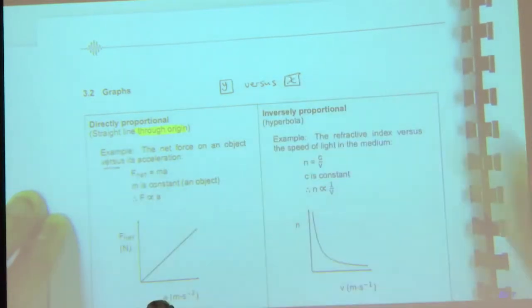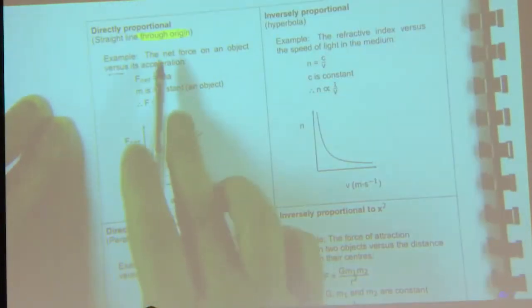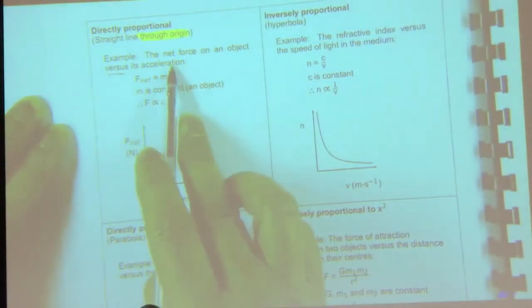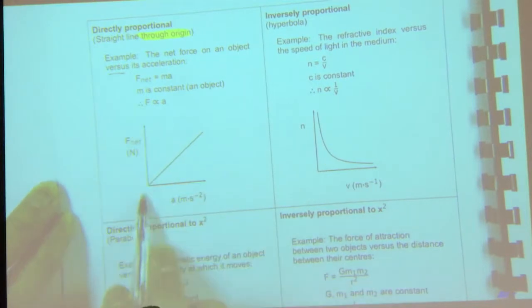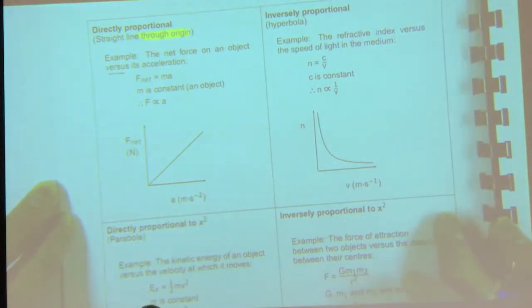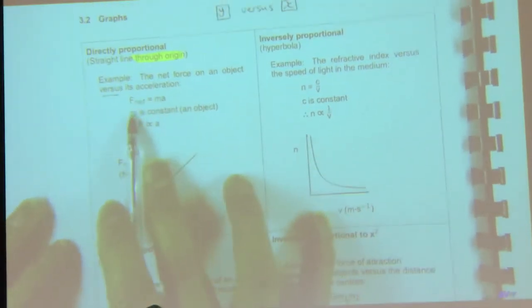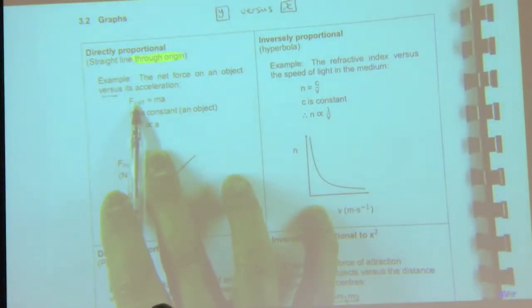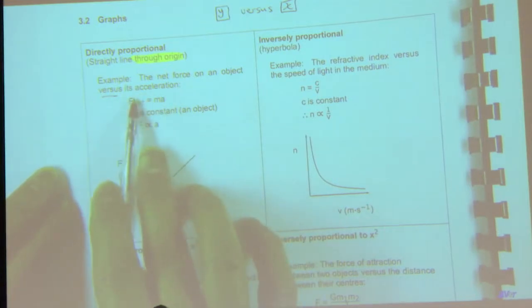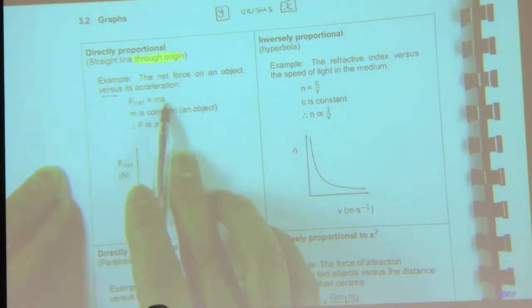So it's always y first and then x, right? So if they say net force versus acceleration, then net force must be this one, acceleration must be that one. Everyone happy?